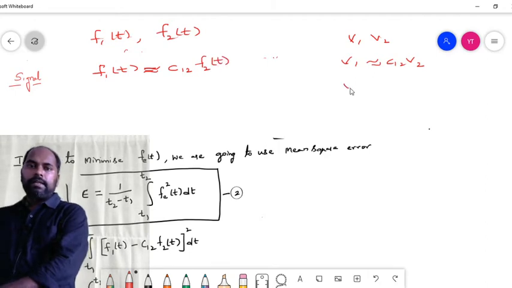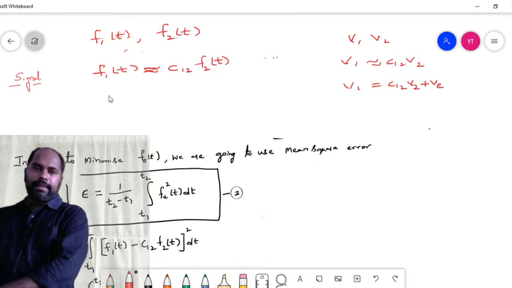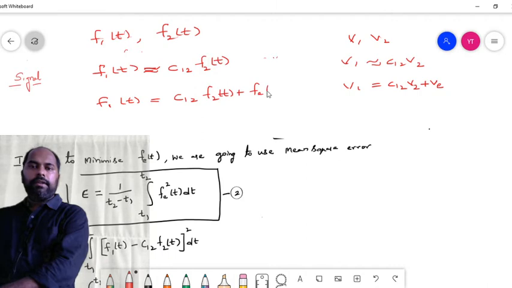Whereas V1 is exactly equal to C12 V2 plus Ve, as discussed in the last slide. Therefore, f1 of t is exactly equal to C12 f2 of t plus fe of t.